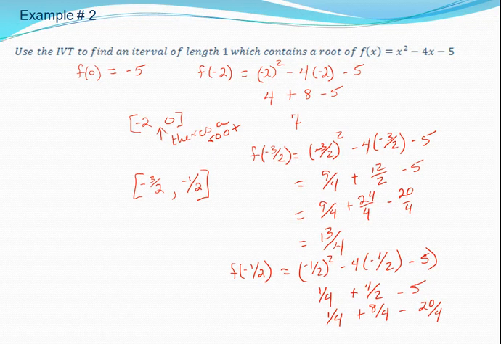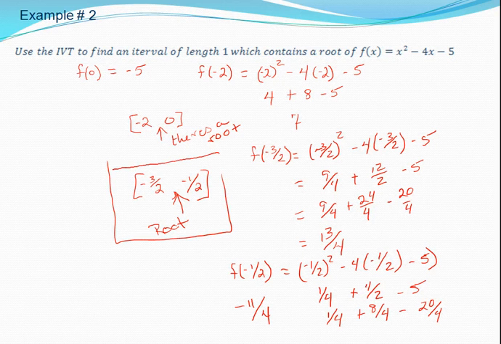I get positive 9 minus 20. F of -1/2 gives me a -11/4. So my two endpoints, my A and my B, from -3/2 to -1/2, are 1 unit apart, and somewhere in this 1 unit, there is a root of my function. And so my final answer is the interval that I came up with.